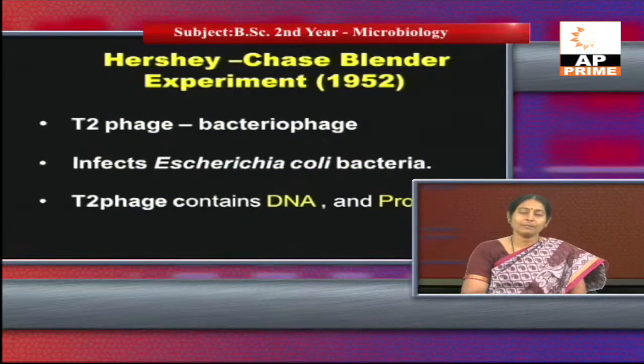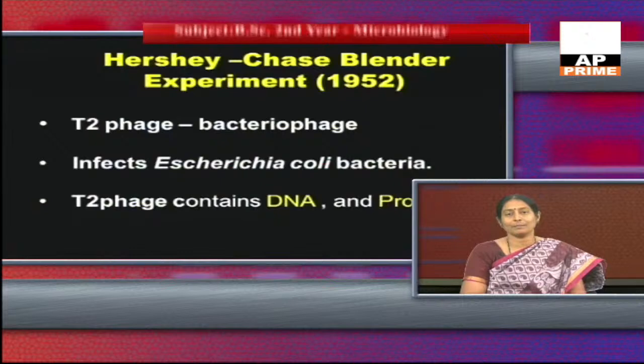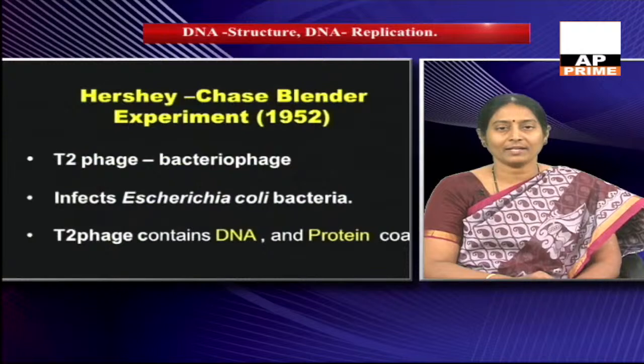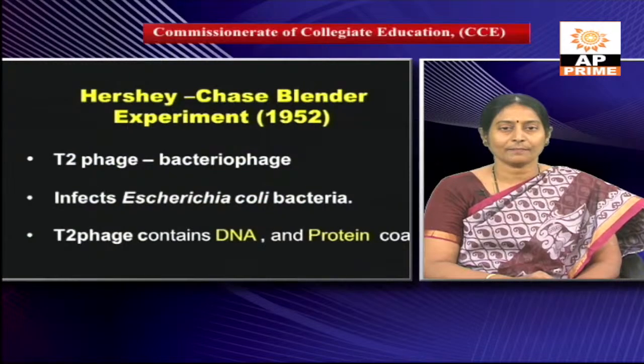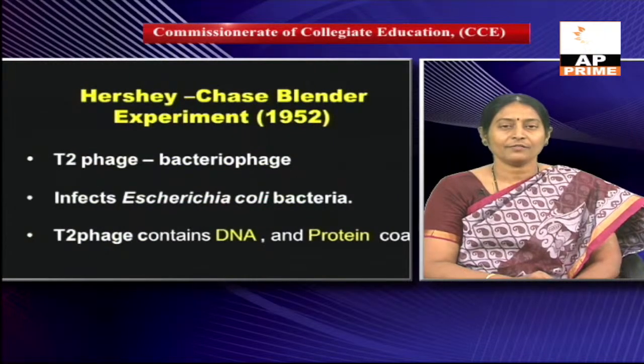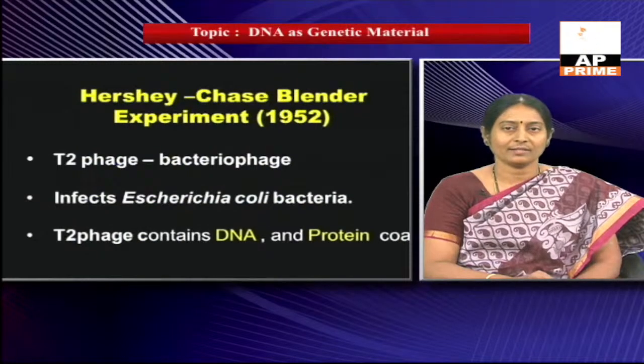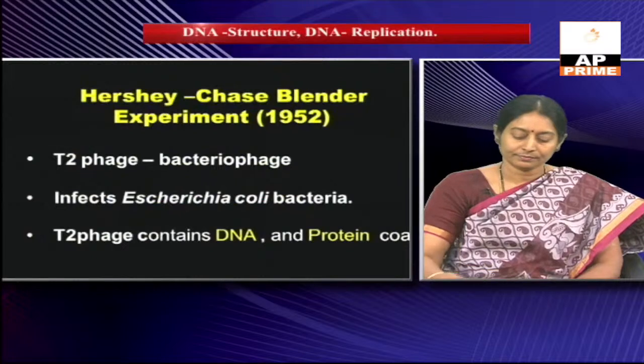But this experiment was not accepted by most of the biologists due to the lack of information on the molecular mechanism of transformation. So finally, a confirmatory report came from the experiments of the scientists Hershey and Chase in 1952.